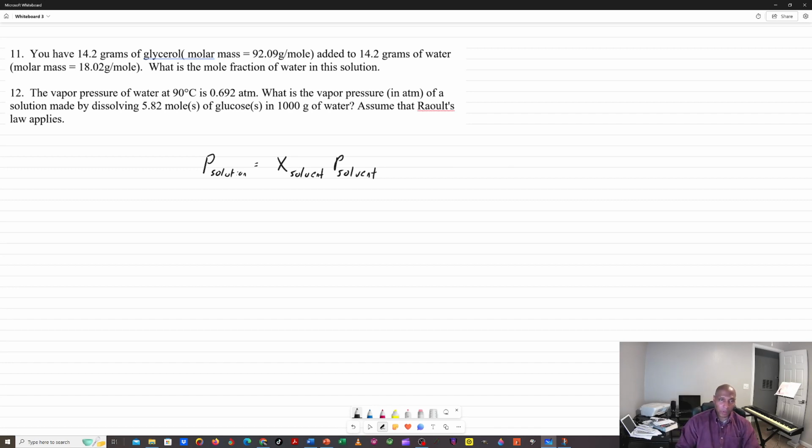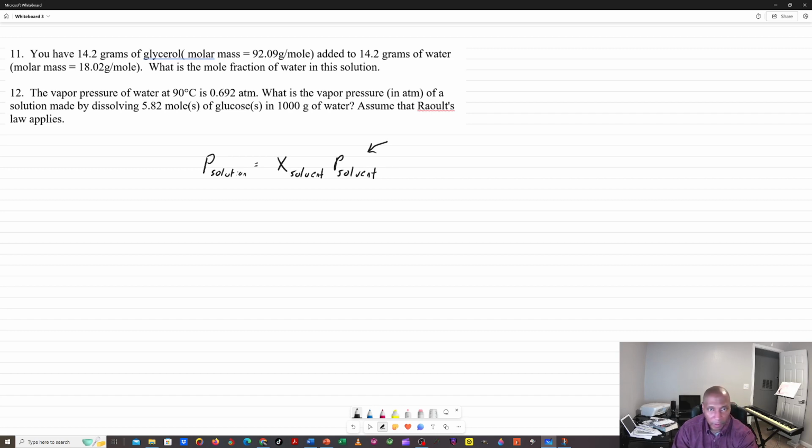Right, so that's Raoult's law in a nutshell, and it can get way more complicated than this because sometimes you have multiple solvents that you have to deal with. But for right now, we're going to keep it like this. If you guys change your majors to chemical engineering, then yeah, you'll see how it gets more complicated. But let's see what we got here. Now it says the vapor pressure of water at 90 degrees is 0.692, so I know what I'm going to put right there.